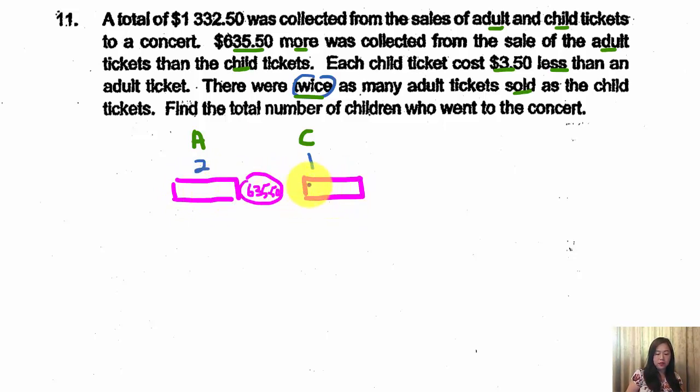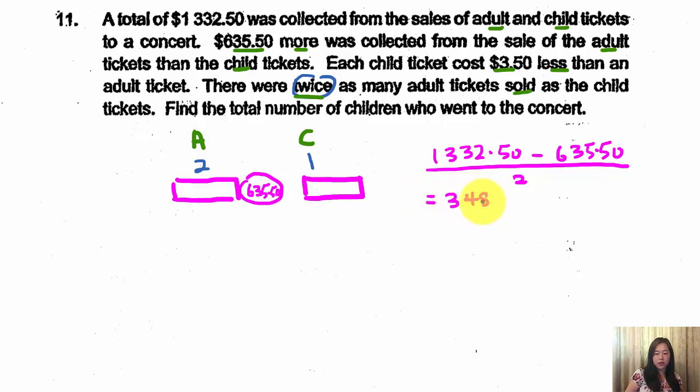So how much is equivalent to this box and this box, which are equal? What we can do will be $1332.50 minus $635.50 and divided by 2, and this will be equal to $348.50.